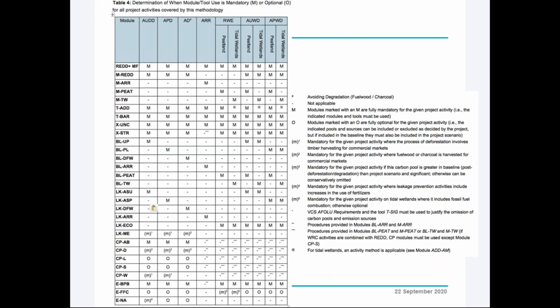And here you see as columns the various project categories. You see on the right-hand side the tidal wetlands occurring under RWE, AUWD, which is avoided unplanned wetland degradation, and then avoided planned wetland degradation. And as rows, you see the various modules that are part of VM7. And there's a couple of footnotes, so this is, of course, a very difficult table, but I will help you in a few slides to understand how you use it.